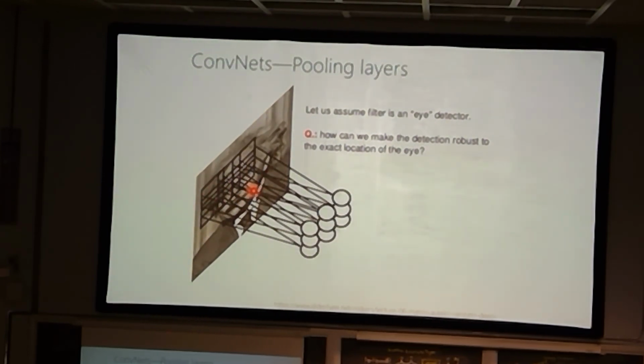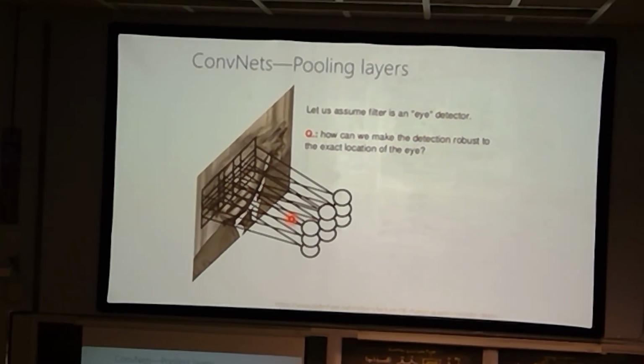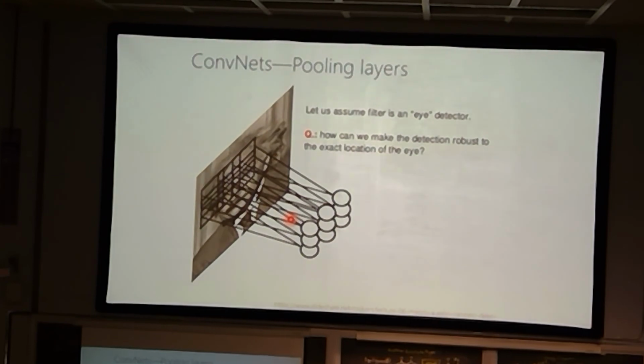But now imagine the final goal is to say, is there a human in the image? Or maybe better, is there a human with one eye? Then I only want to know the best match to the eye, because some of these might be very noisy. So I might take the output and say, give me the max of that. That's what max pooling is. Or you might just do it within a small region.